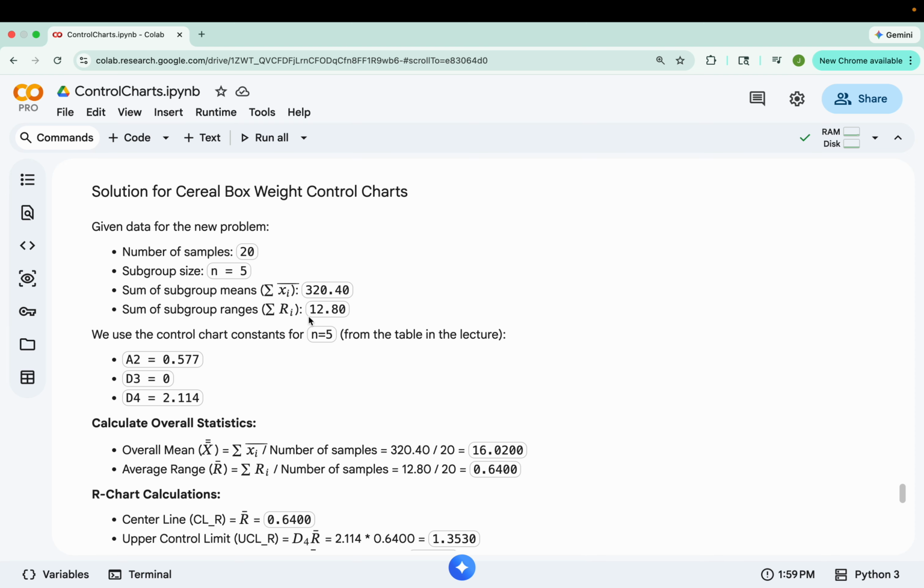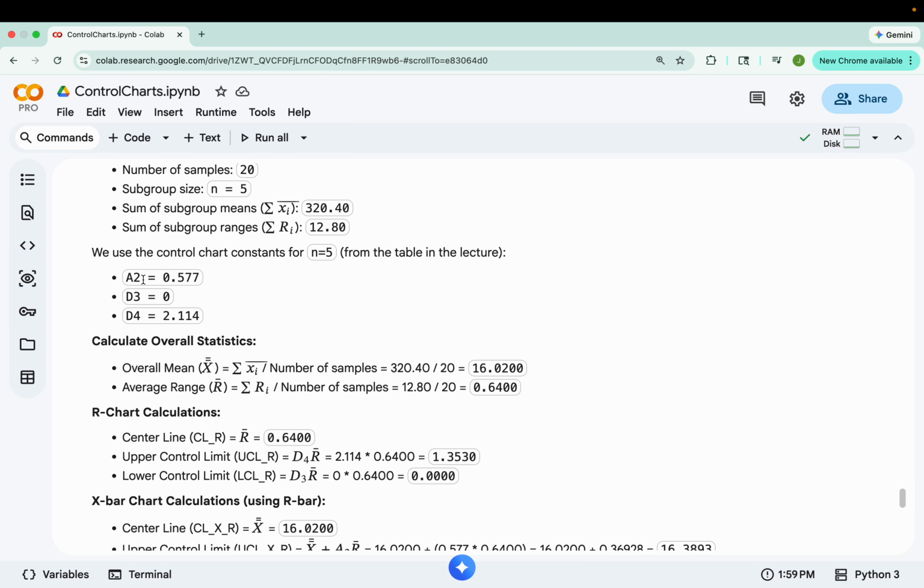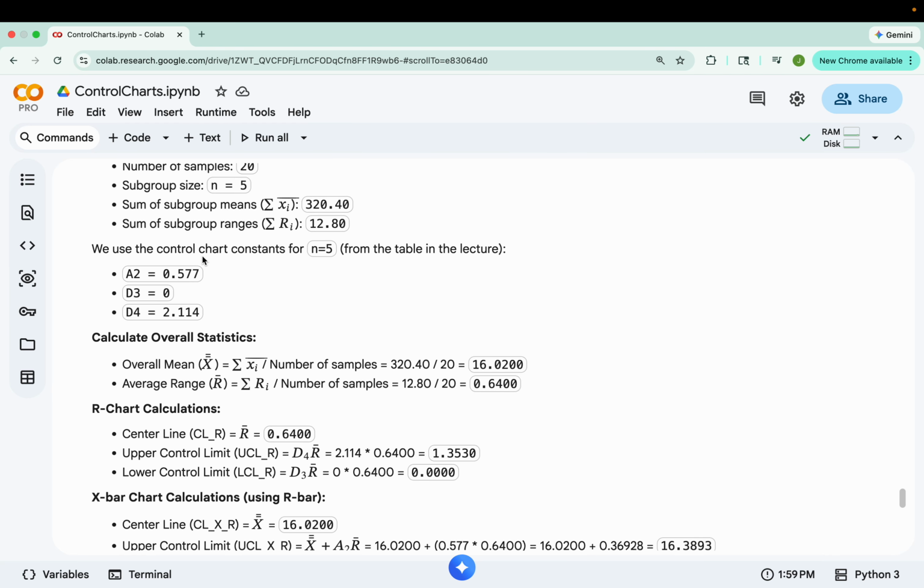The sum of the subgroup ranges is 12.8. And now we can use this information. We know there's n = 5 samples to get the values of A2, D3, and D4 to calculate the upper control limits, the lower control limits. Okay. It should be pretty easy to calculate the center line because that's just the average.